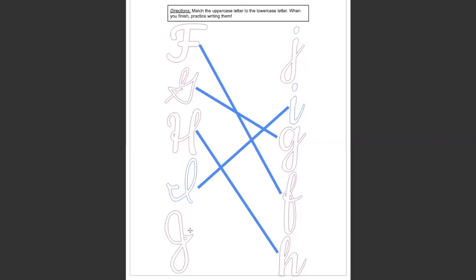Now we have one letter left, the J, J. Let's draw a line from the capital J to the lowercase J.